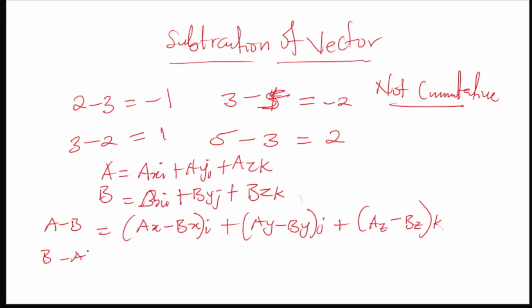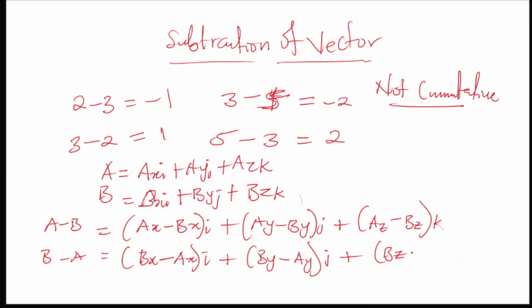B minus A, on the other hand, will simply be equal to (BX minus AX) of i, plus (BY minus AY) of j, plus (BZ minus AZ), sorry, of k.